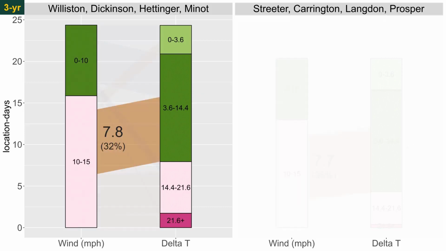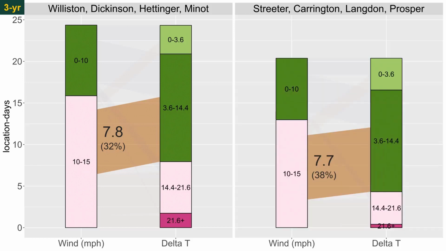But if we connect those two, we can now know how often we had those conditions together, and it equated to 7.8 days within the sprayable hours of June and July, or 32% of the time. In the East, very similar, 7.7 days. So again, that was the most common condition you're going to encounter as an applicator, is to have marginally high wind with optimum Delta T.